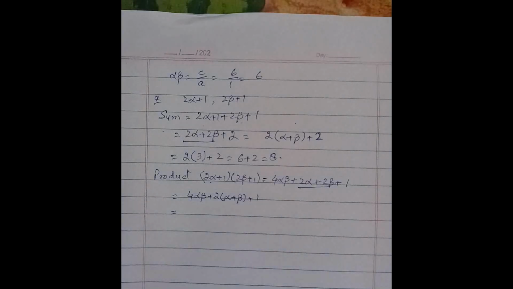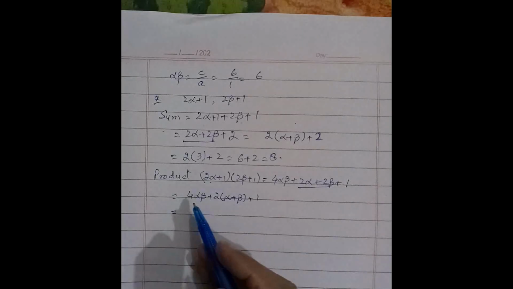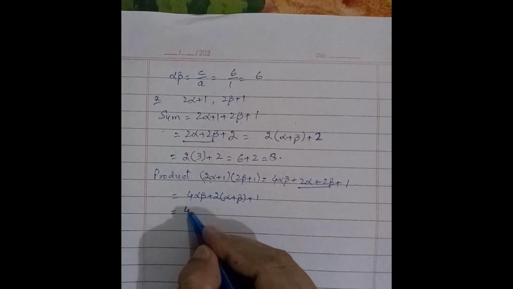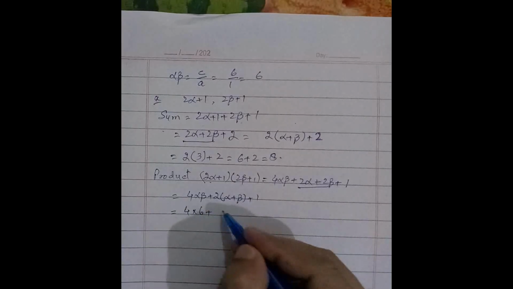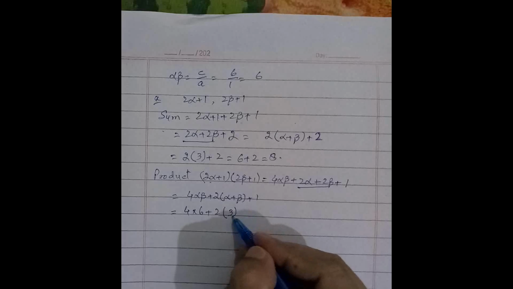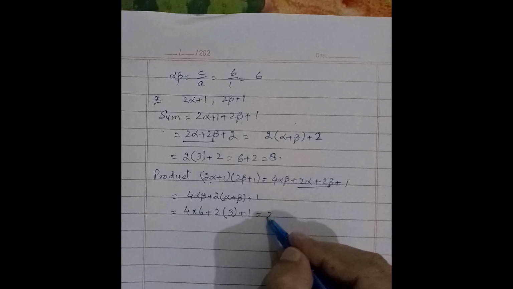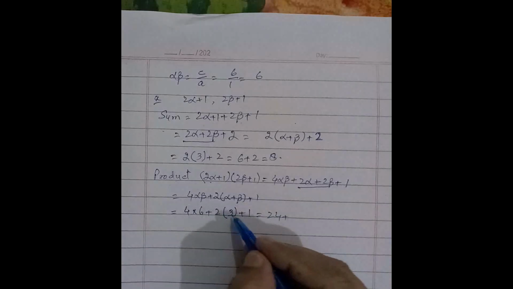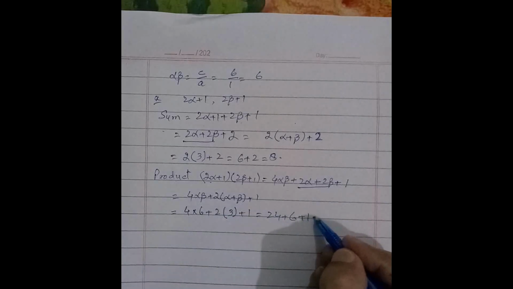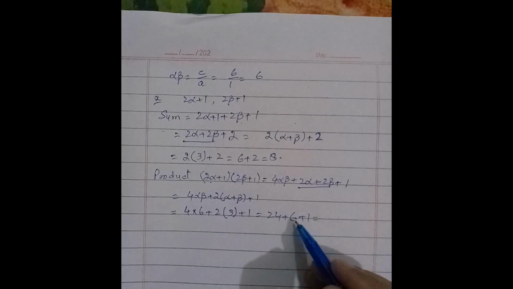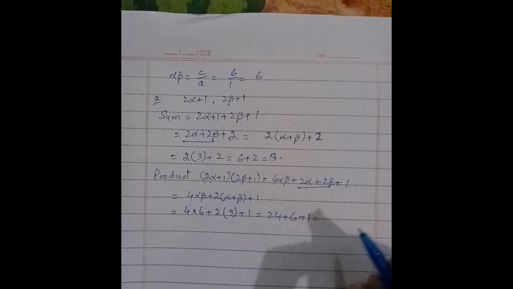And now we put the values of alpha beta and alpha plus beta in this equation. We get 4 into 6 plus 2 into 3 plus 1. And now simplify them. 4 6s are 24 plus 2 3s are 6 plus 1, which is equal to 24 plus 6 is equal to 30 plus 1, 31.